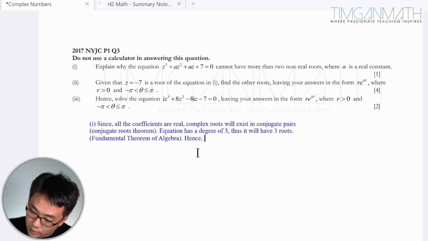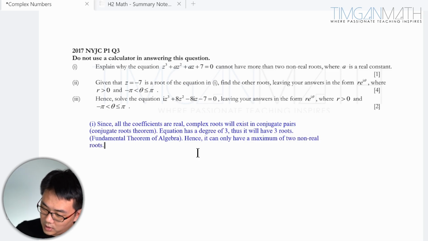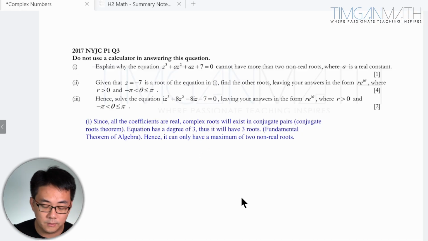Hence, yeah, that's it. It can only have a maximum of 2 non-real roots. Yeah. So I write it.